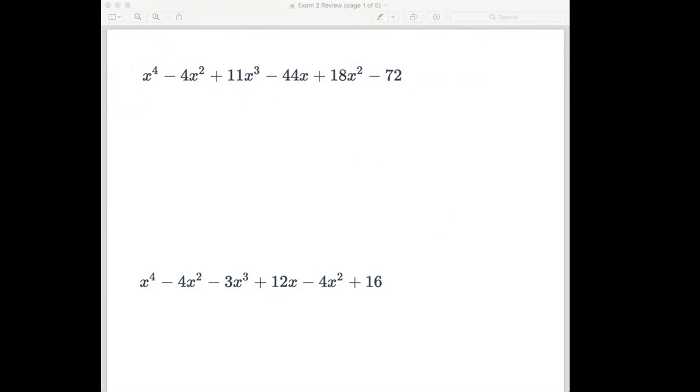If we were to do, let's say, x to the fourth minus 4x squared plus 11x to the third, and then plus 14x squared minus 72, in this situation, I don't think that any type of factoring would work.